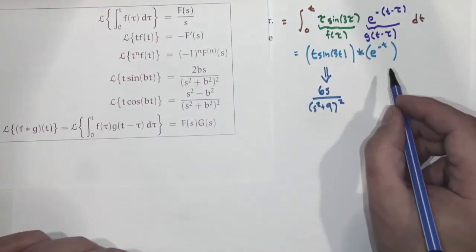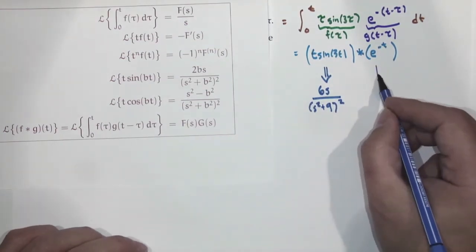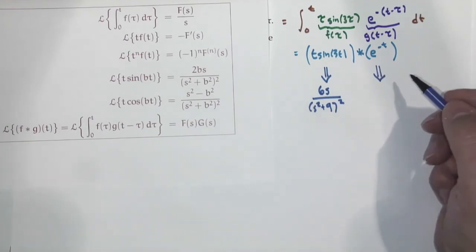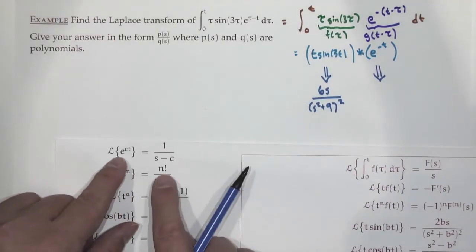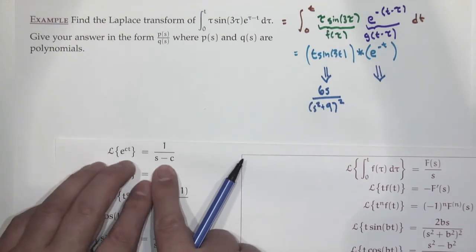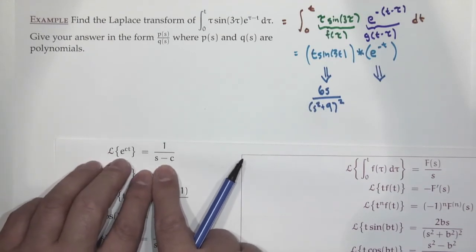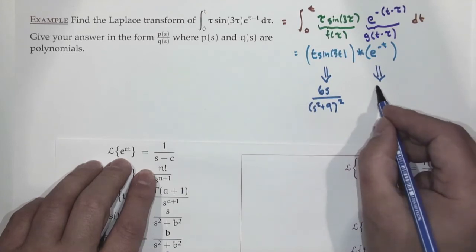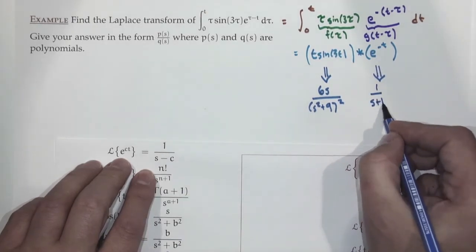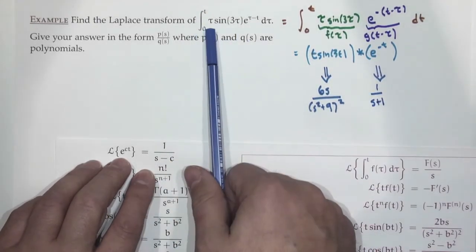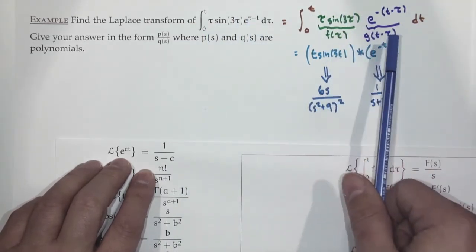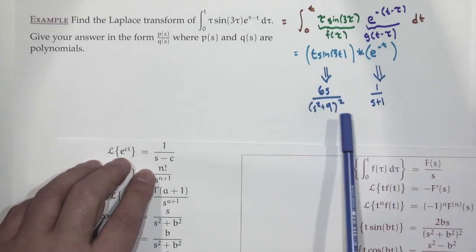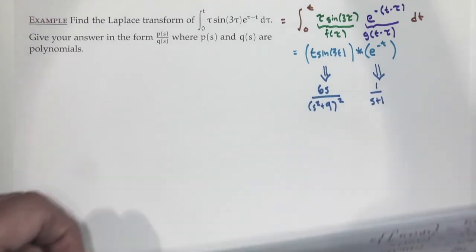What about e to the minus t? What will that go to? Well, e to the minus t will go to 1 over s plus 1. So our original expression is a convolution. We recognize the parts. We know how each one of the parts transforms.